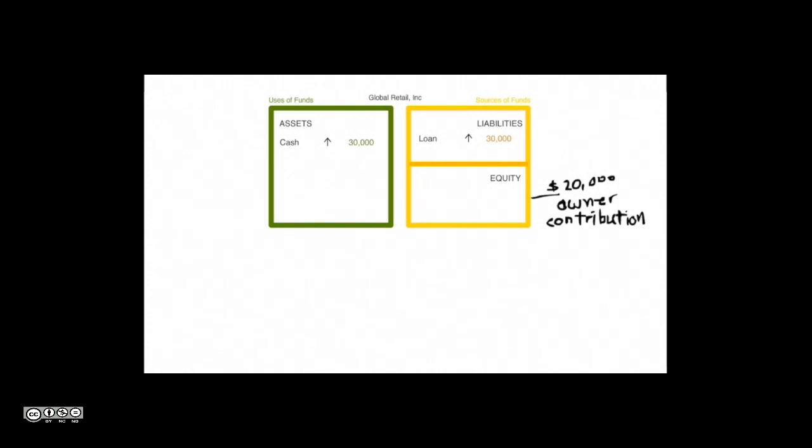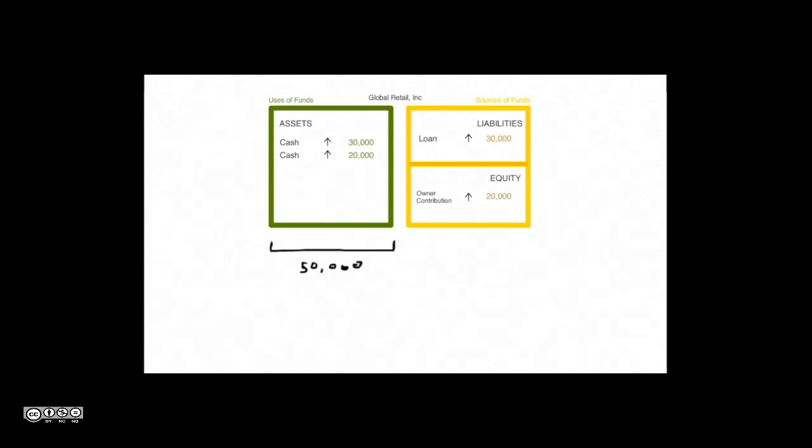So we see the owner's contribution account in the equity section increasing by $20,000, and the same cash account in assets as we used previously increasing by $20,000 also. So now the balance sheet reads $50,000 of assets, which are funded by $30,000 of debt and $20,000 of equity.